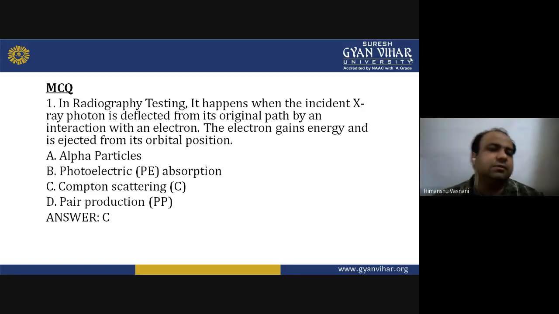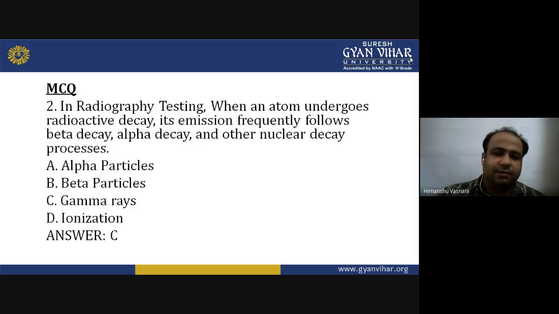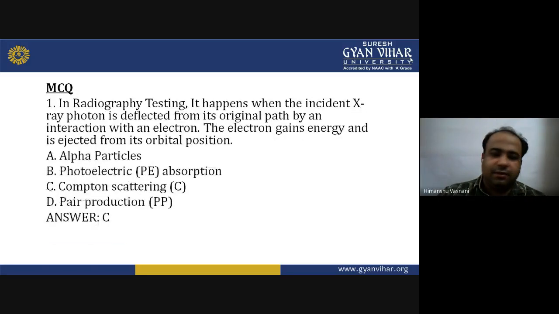What do we call this? Alpha particle, photoelectric absorption, Compton scattering, or pair production? We have discussed this in our PPTs. It is called Compton scattering, noted by capital C in the options.